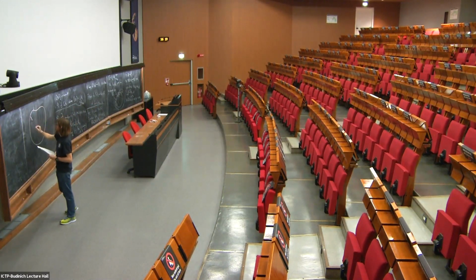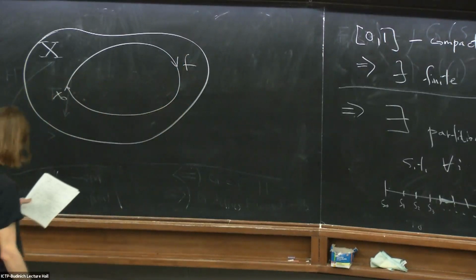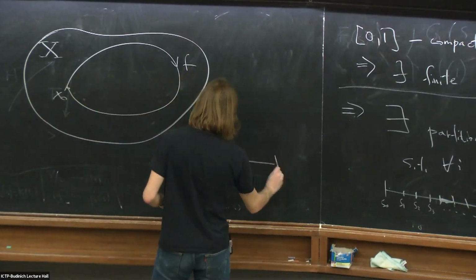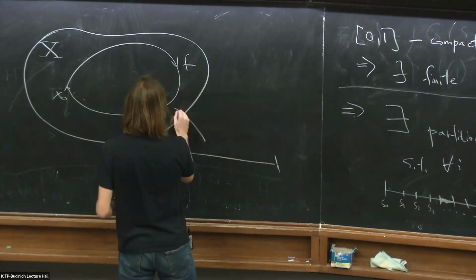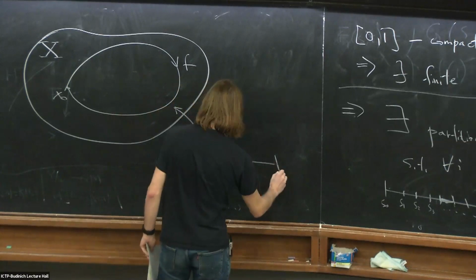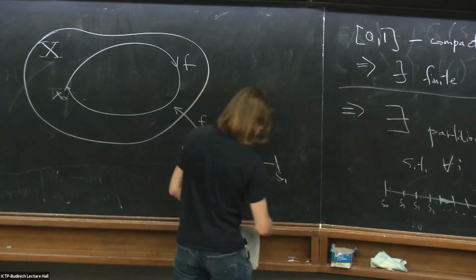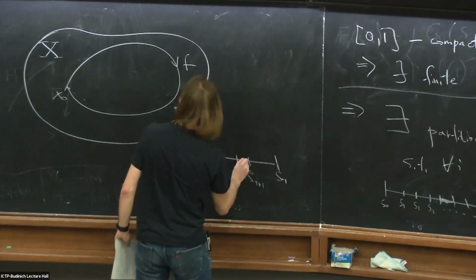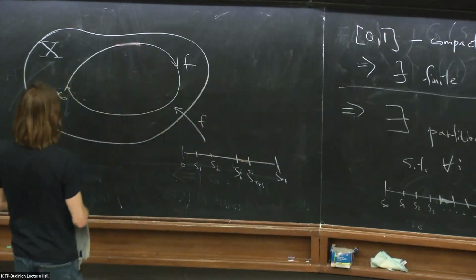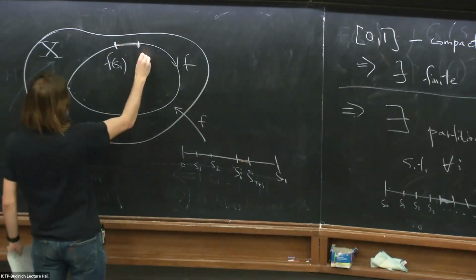Suppose our space X here, base point x0, and here is our path f, which is an image of this interval, which we divided S1, S2, and somewhere in between, Si and Si plus 1, this small interval right here, the image of this small interval somewhere here, between f of Si and f of Si plus 1.